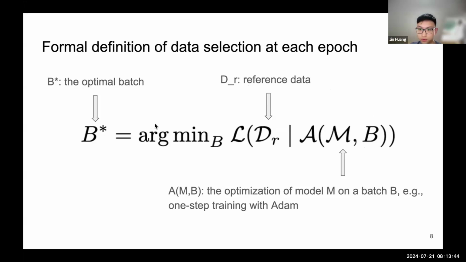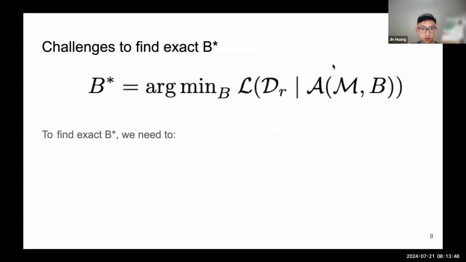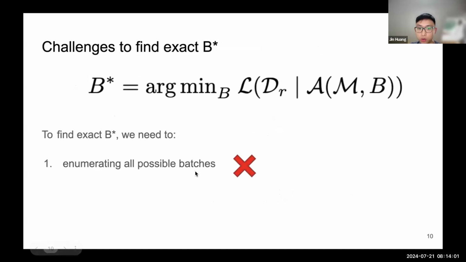Okay, so if there are no further questions, I will move on to the next slides. This is the formula taken from the previous slides. The actual challenge here is that to find the exact B, we need to enumerate all the possible batches, which will be exponential in the size of this batch, which is prohibitively computationally expensive.